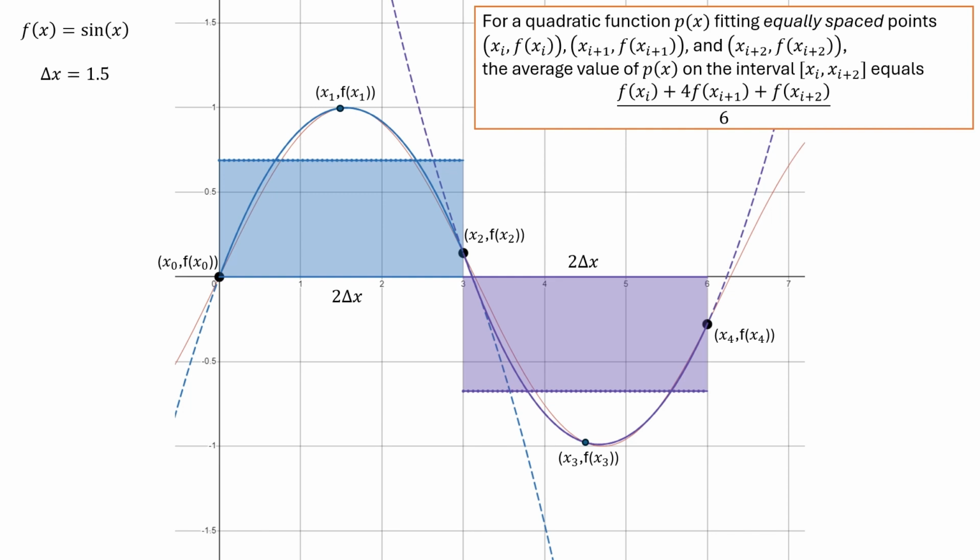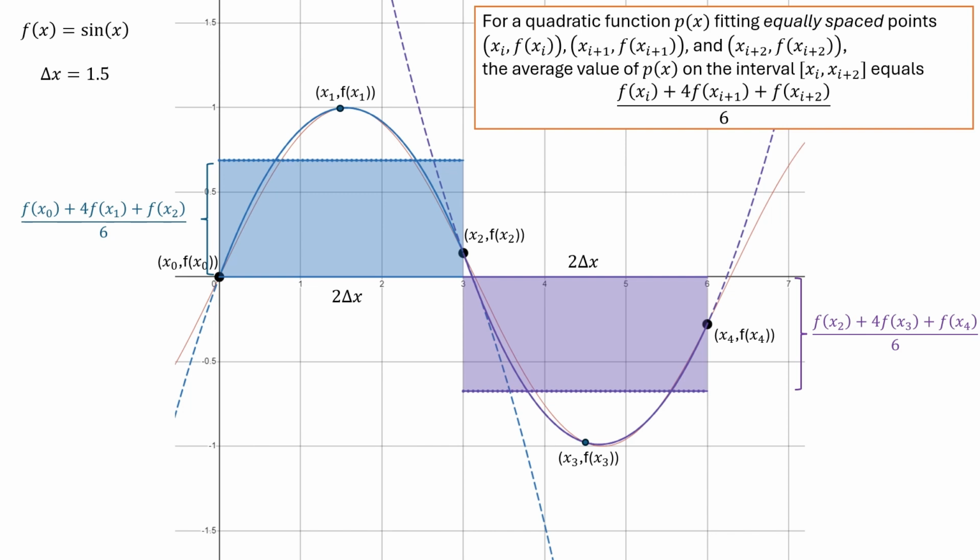What this means for us is that the height of the blue rectangle using i equals 0 is f of x0 plus 4f of x1 plus f of x2 all over 6. And the height of the purple rectangle using i equals 2 is f of x2 plus 4f of x3 plus f of x4 all over 6.